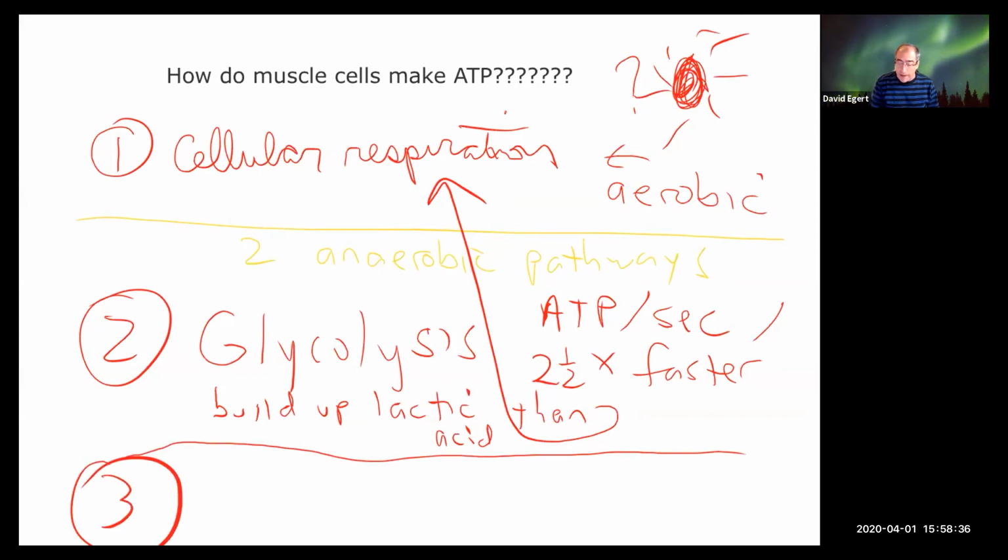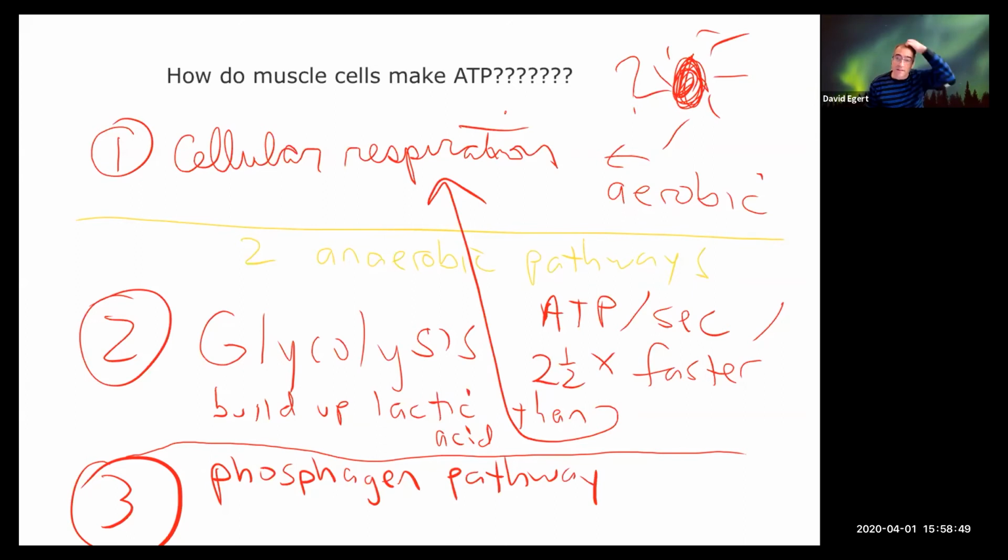Another anaerobic pathway that's even faster than this is what we call the phosphagen pathway. This is going to be one step.